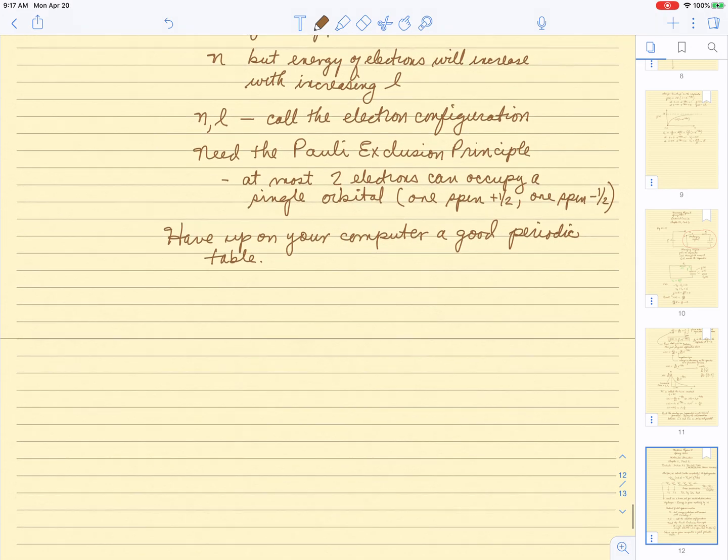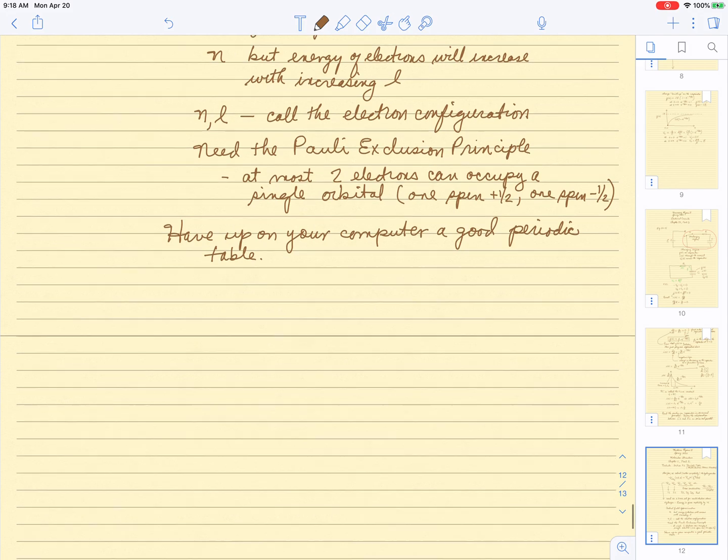Most of you are at least qualitatively well versed in the periodic table, but hopefully this little discussion will give you some connection between what we've done with the hydrogen atom Schrödinger equation and multi-electron systems.